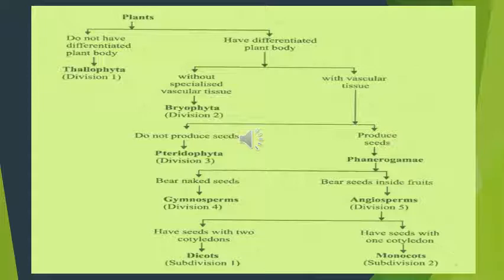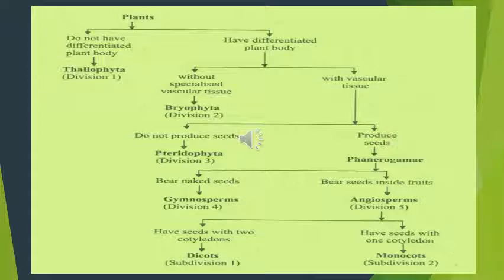Gymnosperms have seeds that are naked, जो easily आप अपने आंखों से देख सकते हैं, whereas angiosperm इनके जो seeds होते हैं वो fruit के अंदर present होते हैं. Again, the angiosperm is classified into two, dicots and monocots. These are the two subdivisions of division angiosperms. The dicots have two cotyledons, whereas the monocot has one cotyledon.